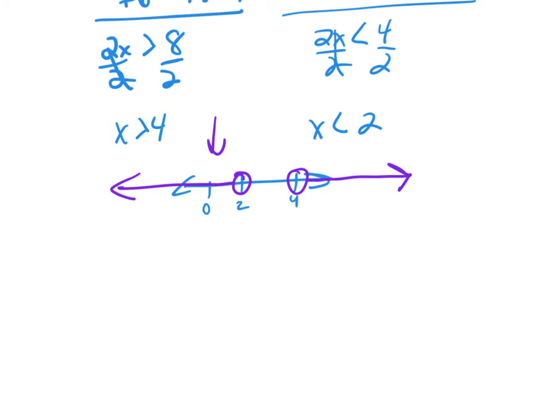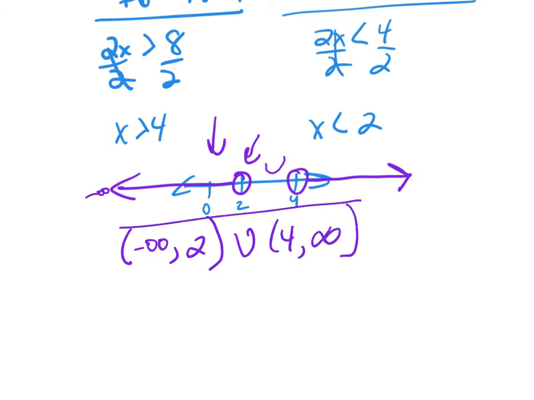My interval notation. Parentheses. Perfect. Negative infinity to 2, parentheses, union, and parentheses 4, comma, infinity. Perfect. Good job. Thank you, ma'am.